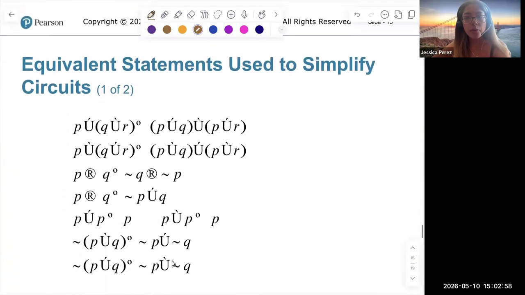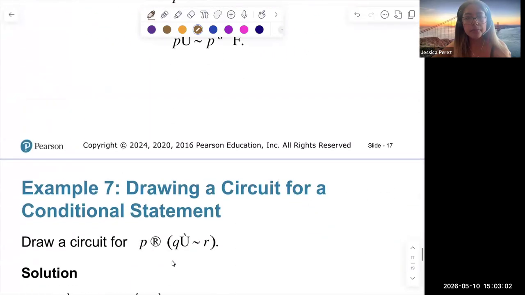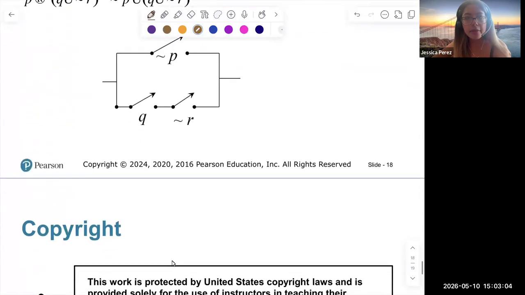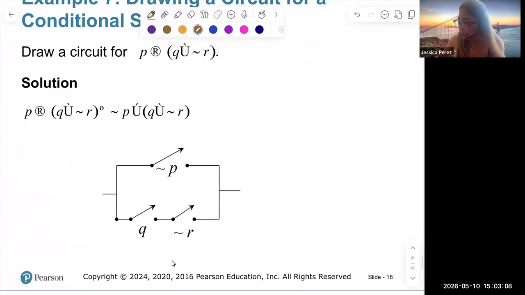So this is an example, and I have to reorder the circuits. But here you have a circuit that is defined as P implies Q and not R implies not P or Q.